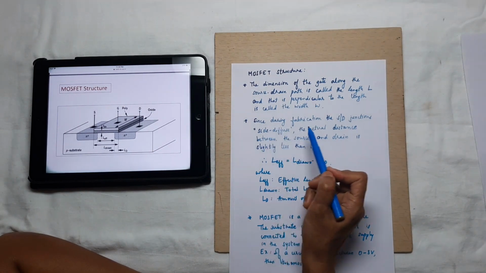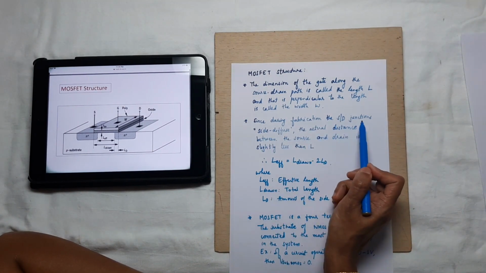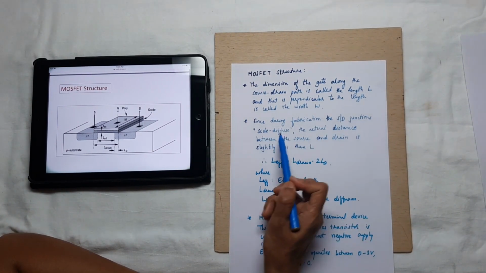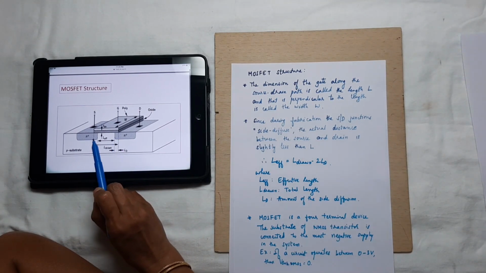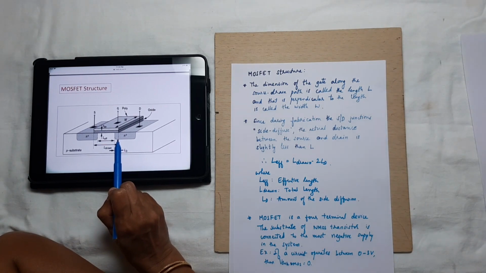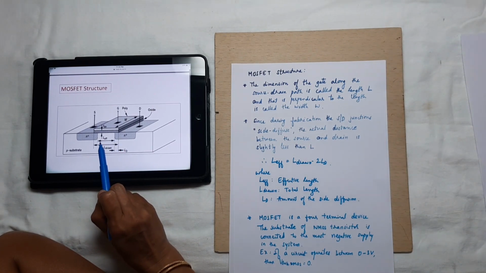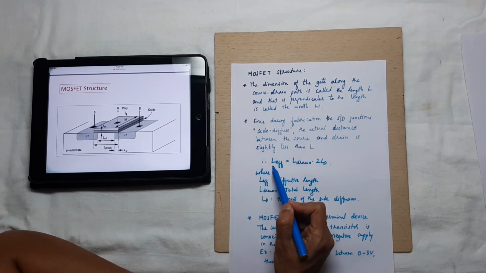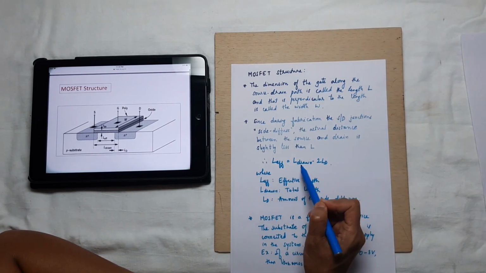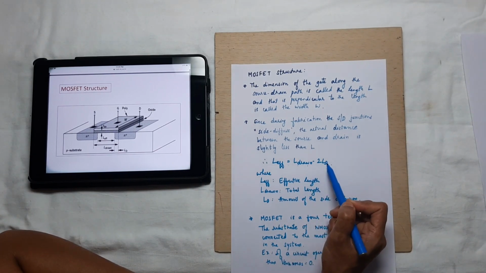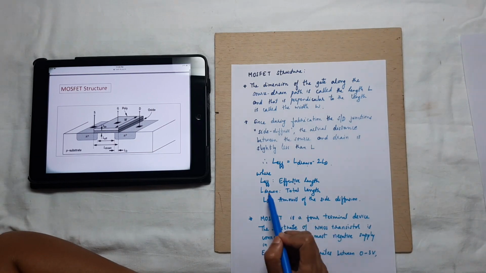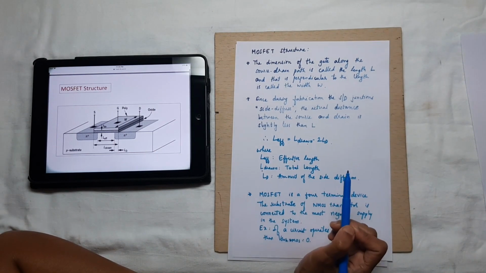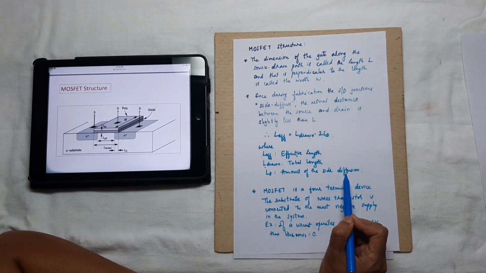Also, since during fabrication the source and drain junctions side diffuse, the drawn length is larger, and the effective length will always be less than the drawn length. Therefore, L effective is equal to L drawn minus 2 times LD, where L EFF is the effective length, L drawn is the total length, and LD is the amount of side diffusion.